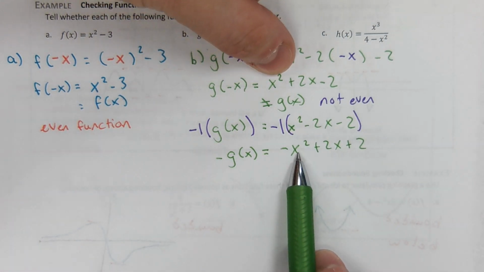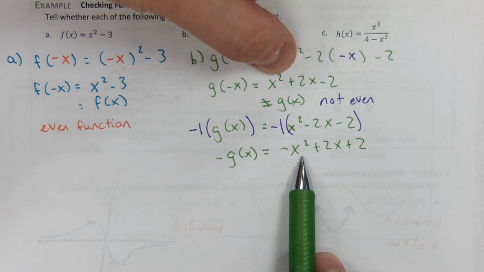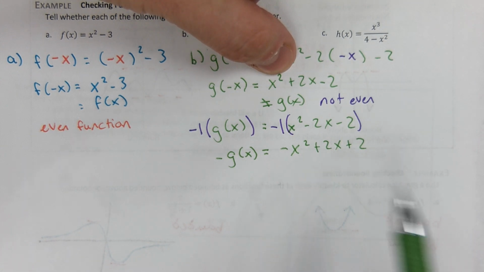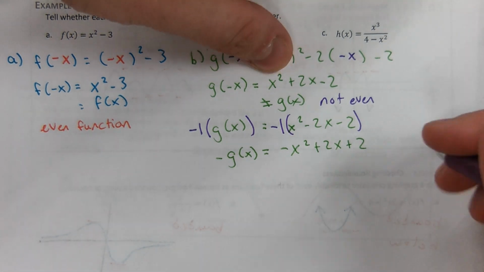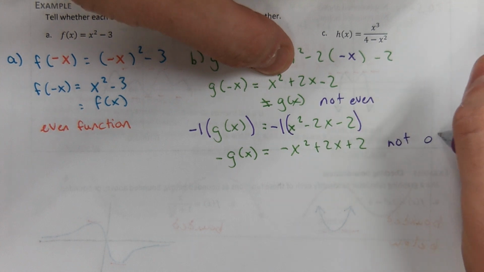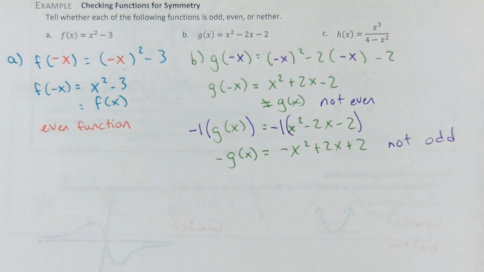And because g of negative x is not the same as negative g of x, this thing is also not odd. We're not going to say no symmetry. The reason why is because all quadratics have line symmetry. We're simply going to say neither even nor odd.